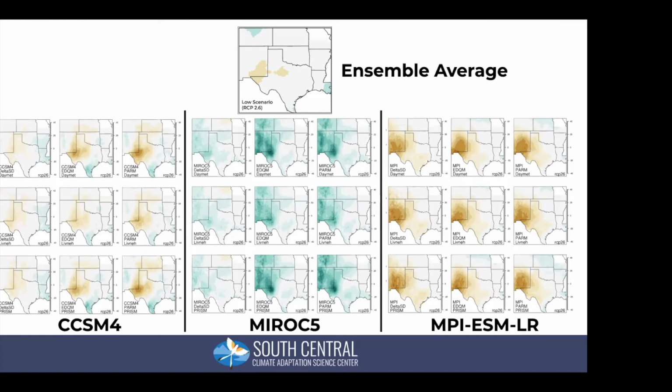In some regions of the world, like the Northeast and Southwest United States, most of the models agree on the direction of change. Unfortunately, in many parts of the South Central United States, different GCMs will produce different results for precipitation, some wetter and some drier.